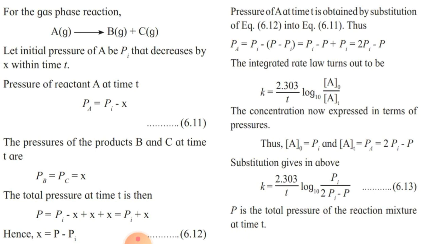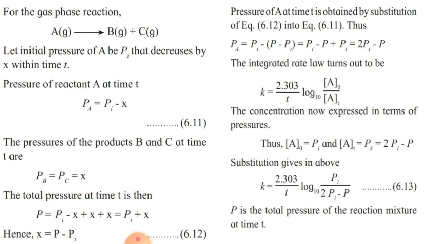What is the total pressure at that time t? Total pressure means pressure of the reactant plus pressure of the products. So we are adding it. P is equal to Pi minus X plus X plus X. Pi minus X is the pressure of the reactant A at time t.